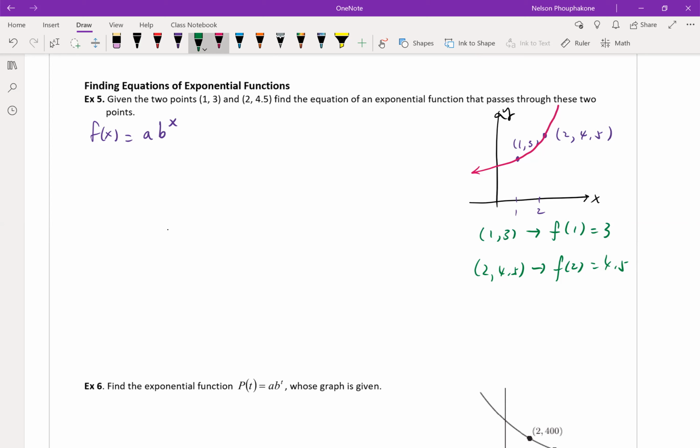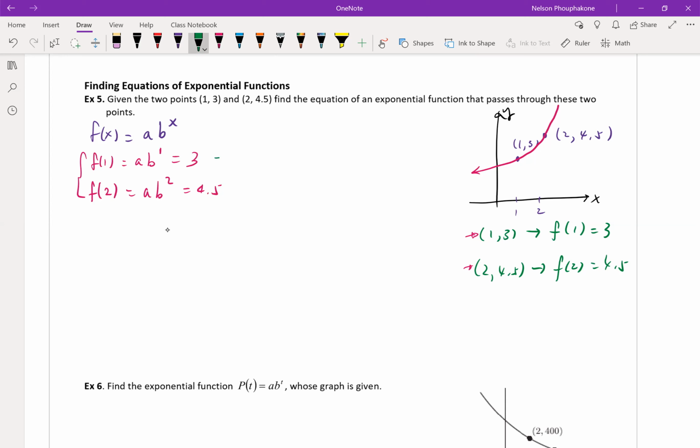We are going to use the 2 points to set it up. We know that f(1) = a times b to the 1 power = 3, and f(2) = a b squared = 4.5. This is how we set up the 2 equations using the 2 points.